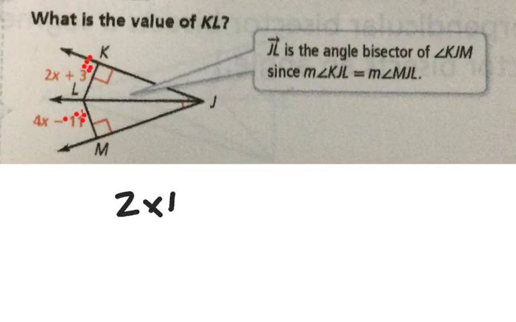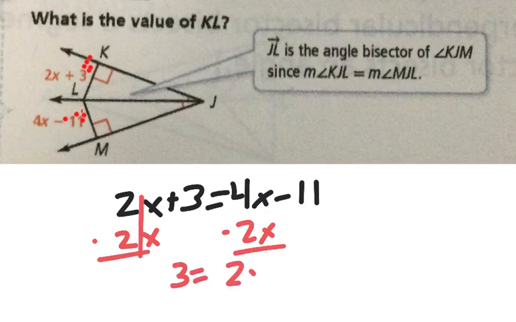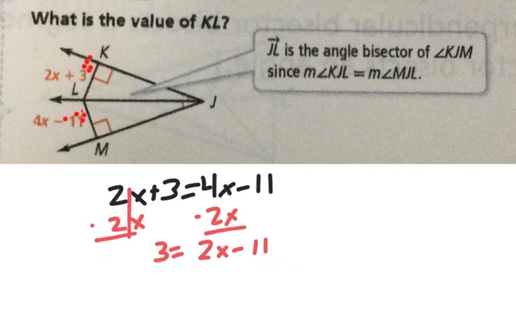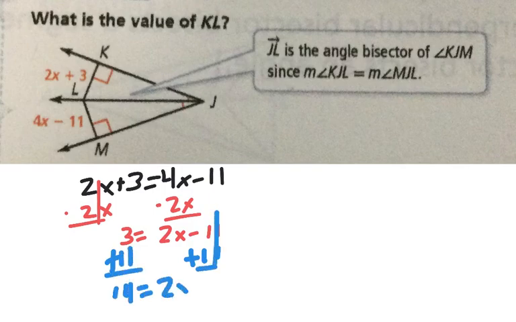So 2x plus 3 is equal to 4x minus 11. And then solve. So I would subtract 2x. 3 equals 2x minus 11. Now I have a single x, so let's get that x by itself. So I add 11. It's going to tell me 14 equals 2x.